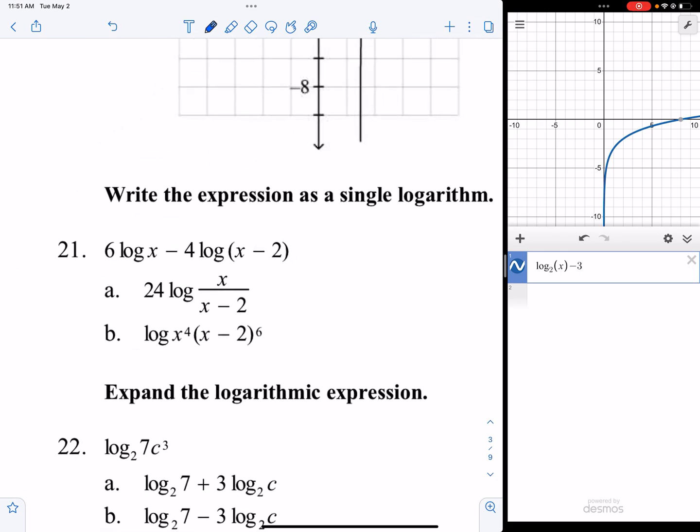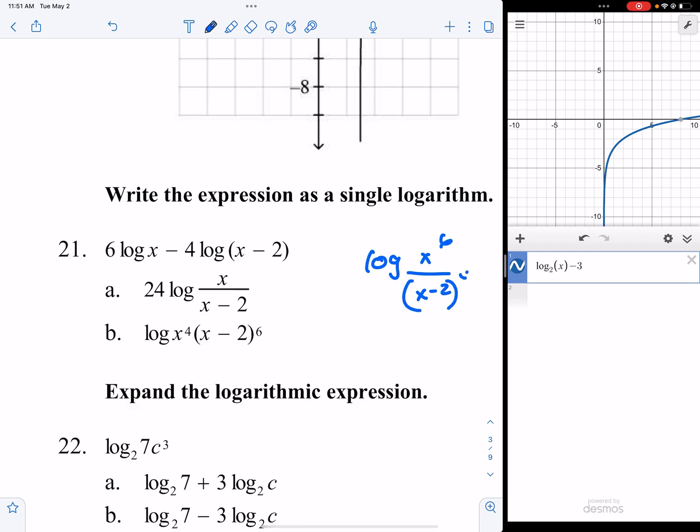All right, write as a single log. Okay. Log x to the 6 divided by x minus 2 to the 4th.